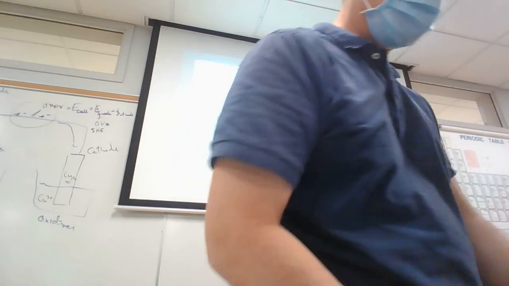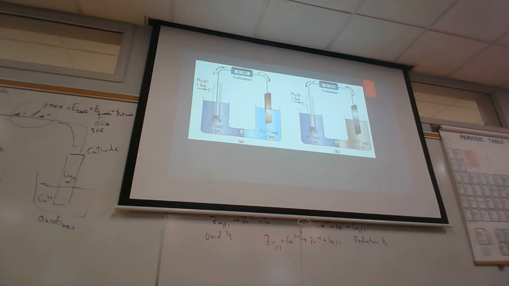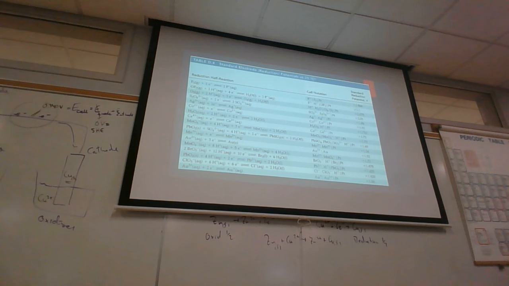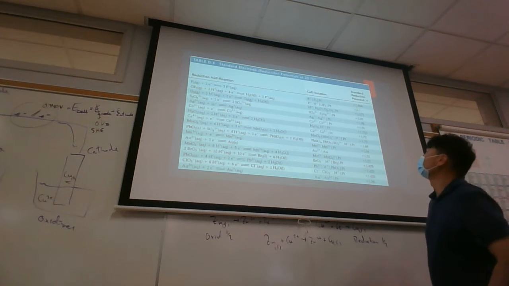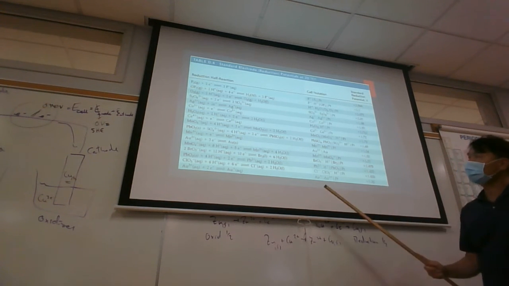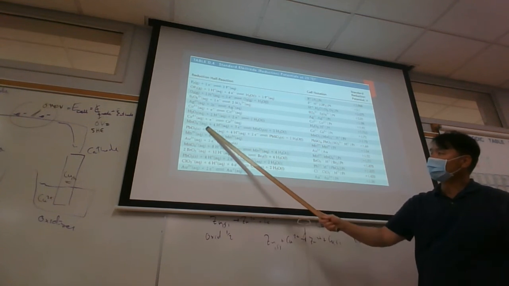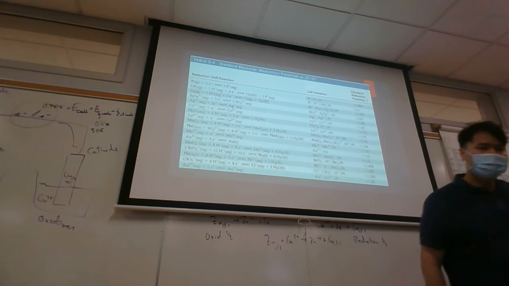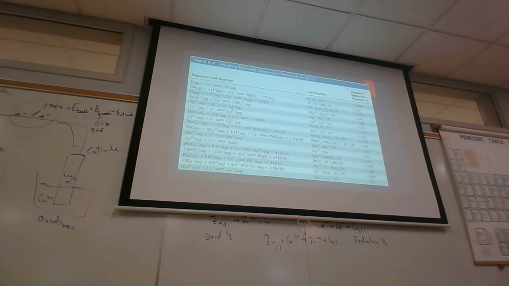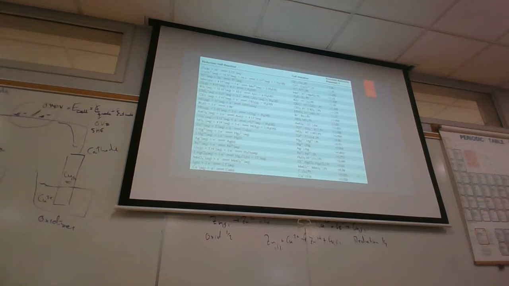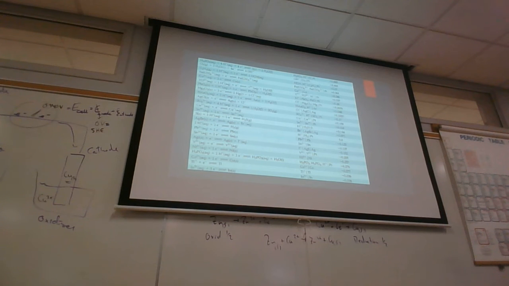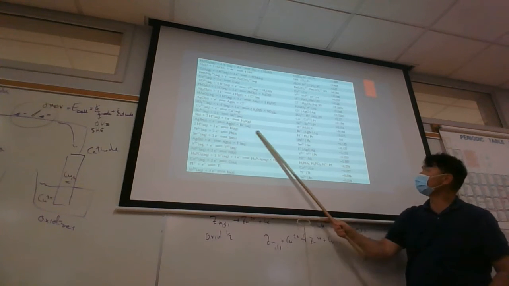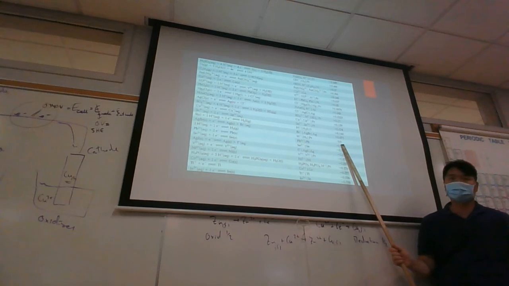And so let's take a look at these. You don't really have to worry too much about these, but these are all reduction half reactions here, and these are all reduction potentials. And so these would all happen at the cathode. If I look at H+, H+ has a reduction potential of 0 volts by definition.